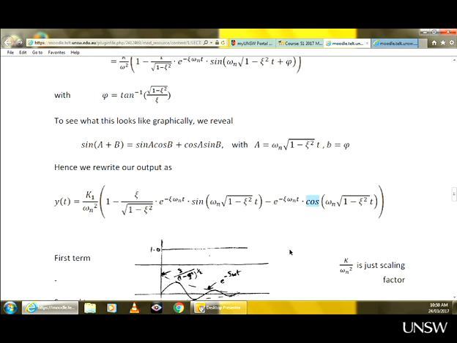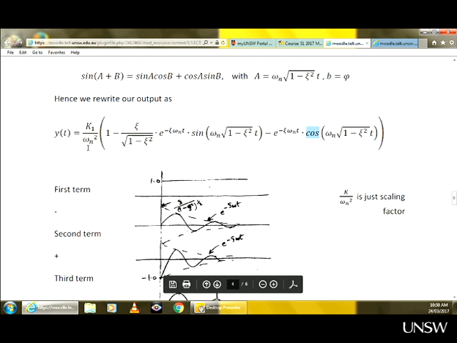Let's use the superposition rule to see what the final form of this function is. Ignoring this temporarily, we say it is just a scaling factor. So only consider what's inside the brackets. So this is 1, obviously, very easy. The exponential part will have a decaying amplitude, as we had a few minutes before.